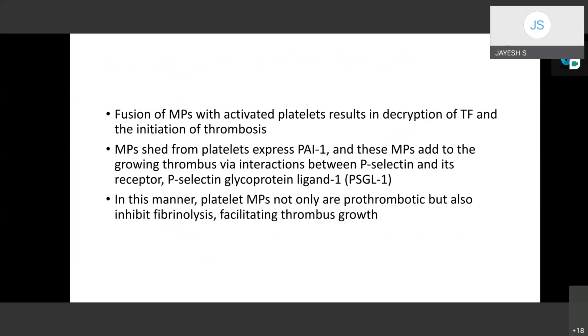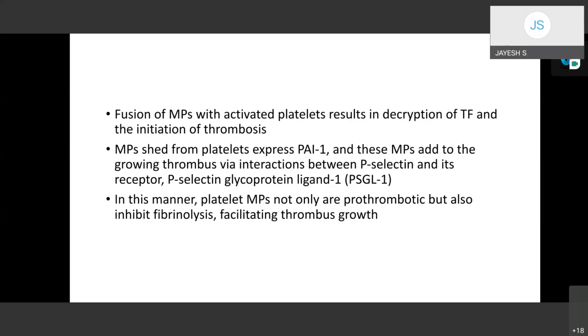Fusion of the microparticles with platelets will cause release of tissue factor, which also initiates thrombosis. Microparticles from platelets may express plasminogen activator inhibitor 1, and in addition to causing thrombosis, they will also inhibit fibrinolysis.